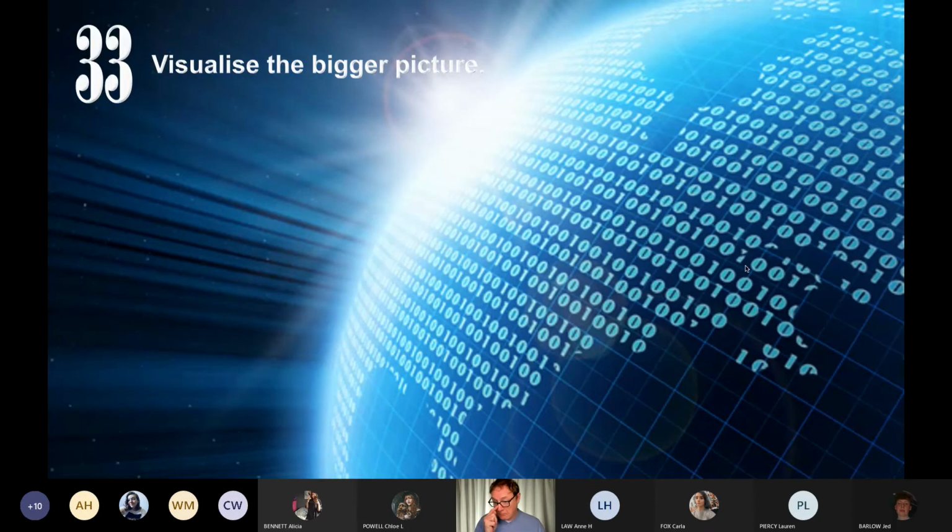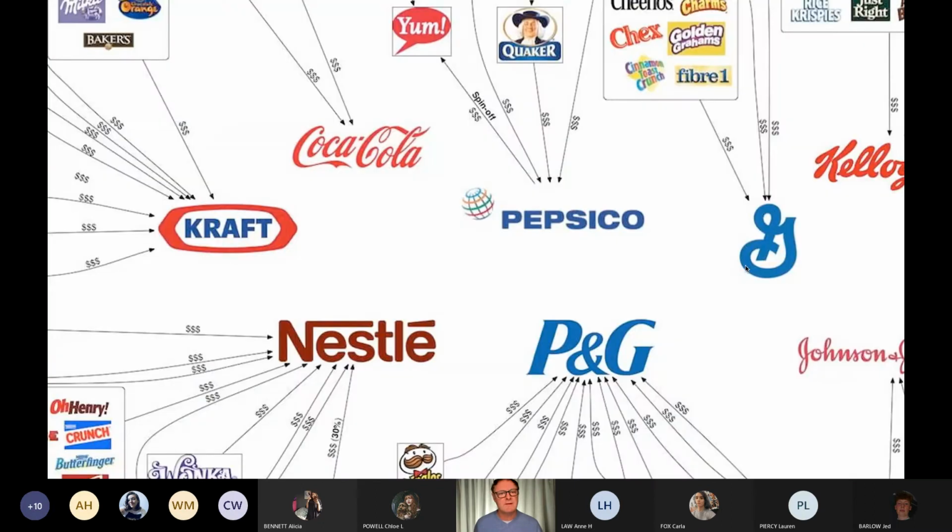So visualize the bigger picture, similar to one of the points we just made earlier. Tip number 33 is visualize the bigger picture. What that means is think in terms of the grand scheme of things, the connections, whether it's a logo design for a major FMCG brand, which is fast moving consumer goods.